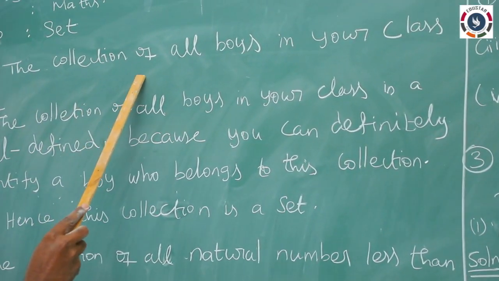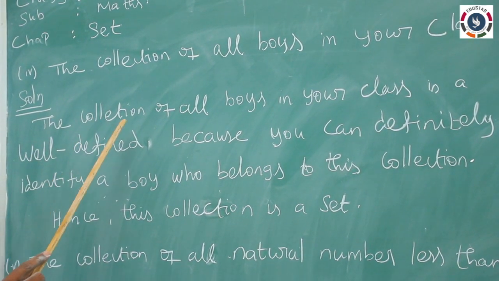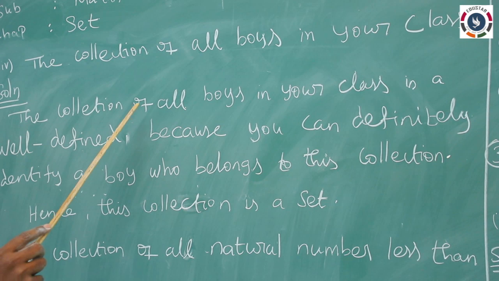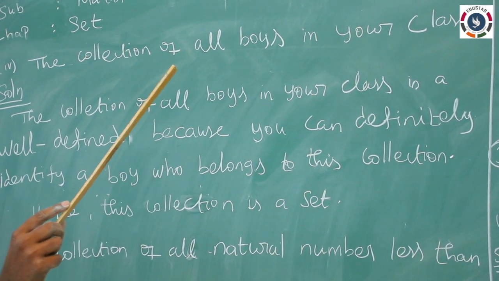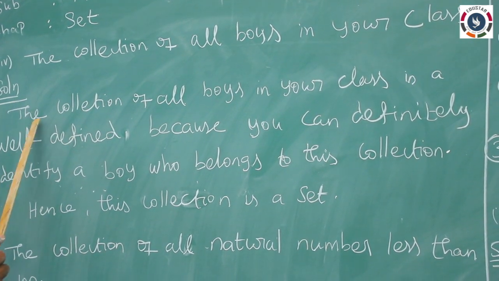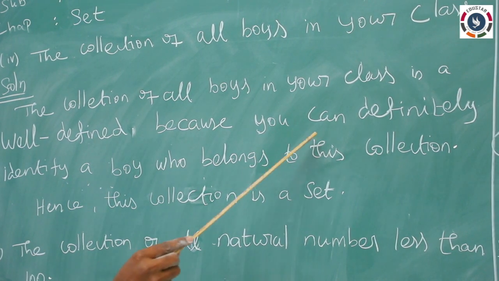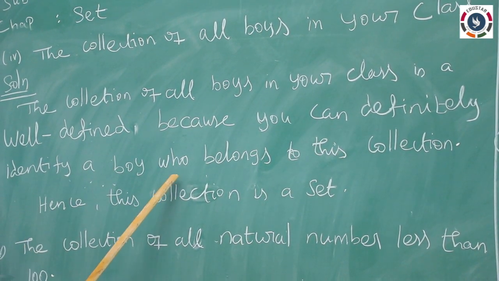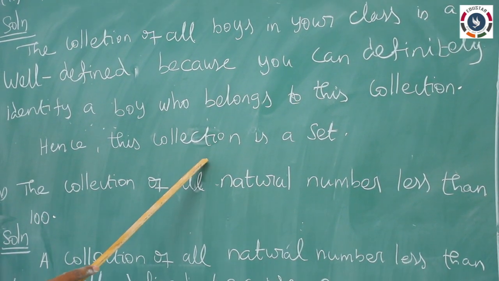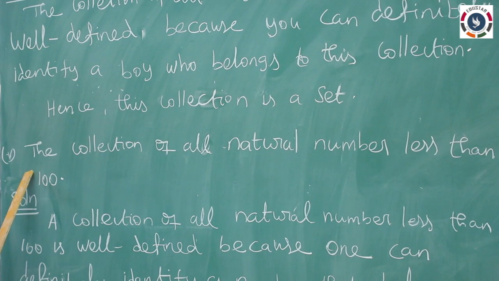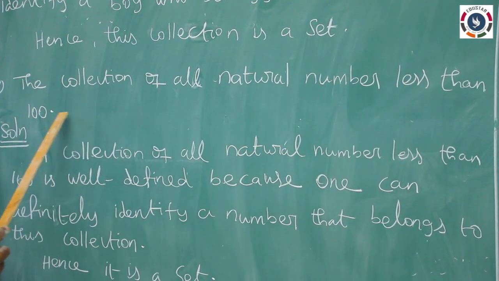The collection of all boys in your class is well defined, because the number of boys can be counted, 40 or 50 or 60. You can definitely identify a boy who belongs to this collection. Hence, this collection is a set. So, next problem, the collection of all natural numbers less than 100.